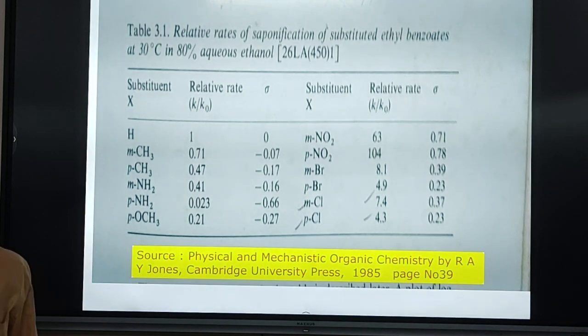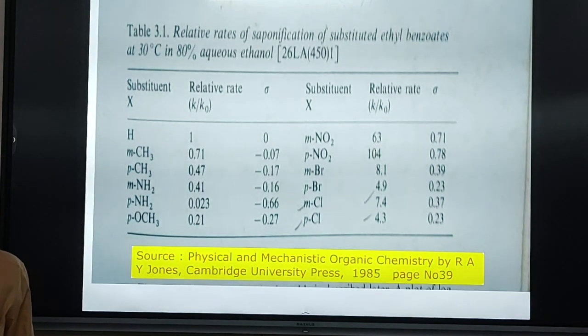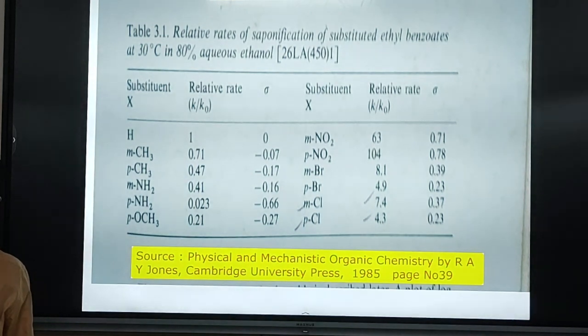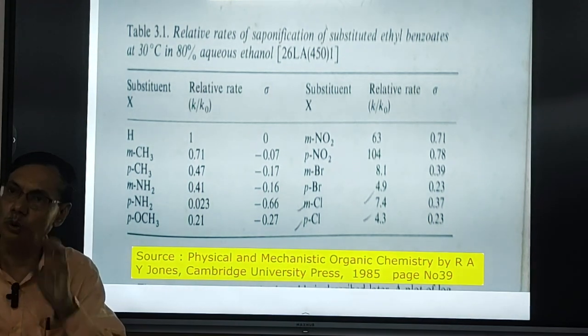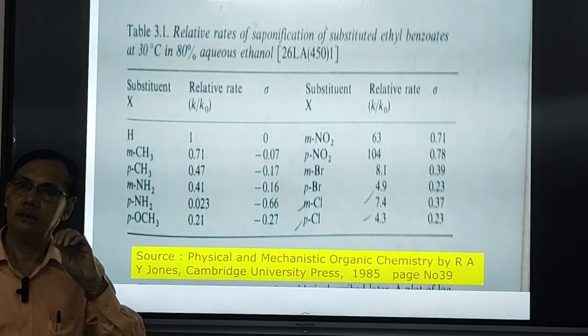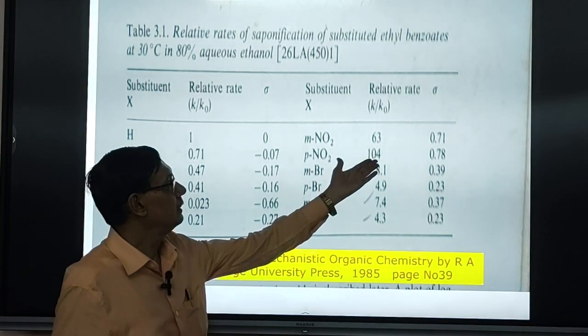That means, first, what you have seen in the pK of benzoic acid, when we add para-nitrobenzoic acid, the acidity is increased. One observation. In the second observation, if I introduce a para-nitro group in ethyl benzoate, the rate of reaction is increased.